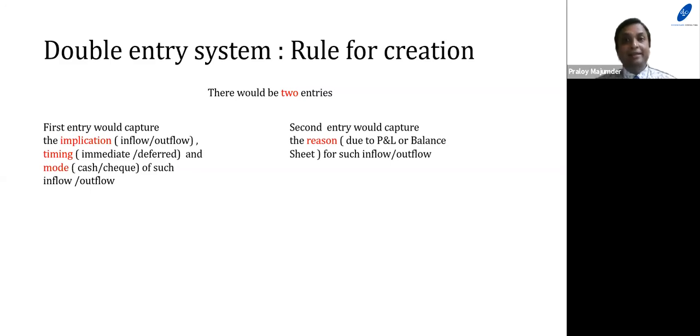So the second entry would capture the reason for such inflow and outflow. Let us discuss this principle in several examples. When you go through the several examples, it will be very clear to each one of you how to convert a financial transaction into accounting entries.